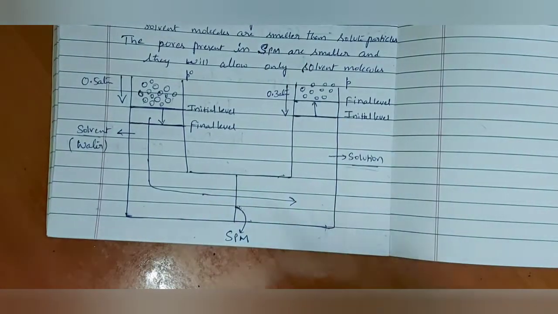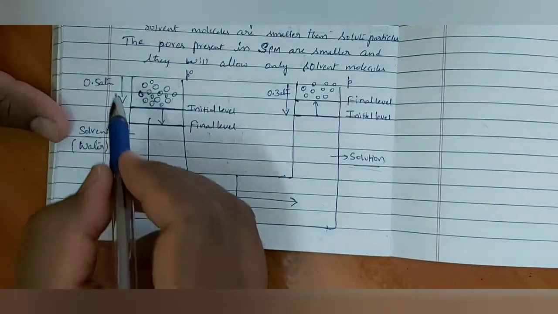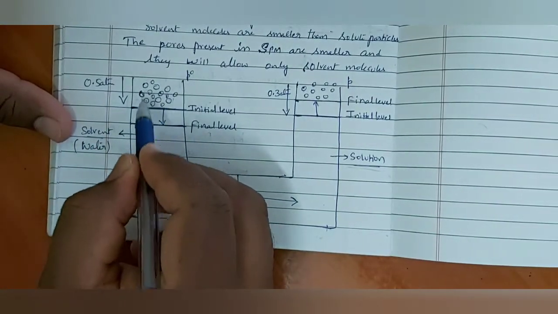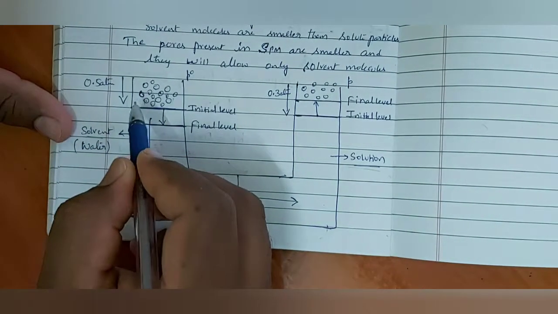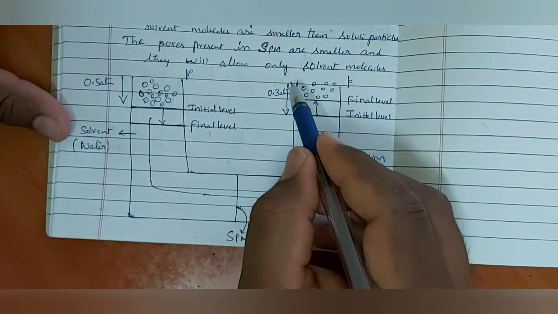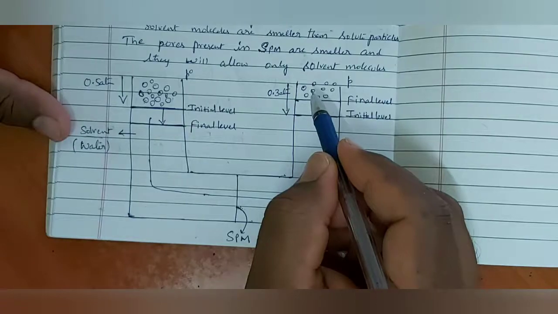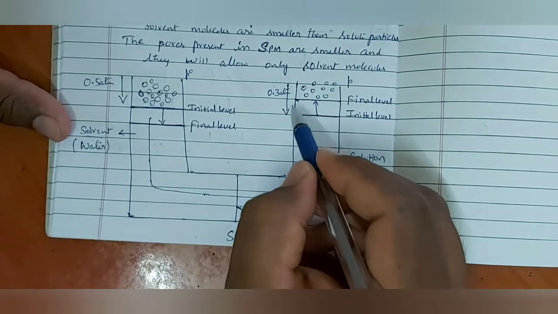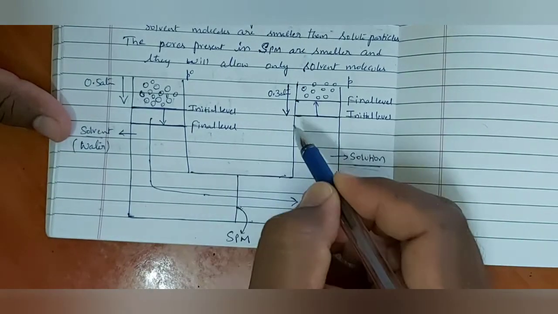For example, observe pressure on water is greater than pressure on solution. This is the initial level. Is it correct?